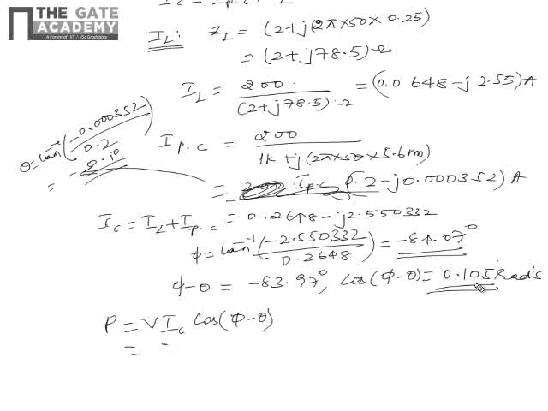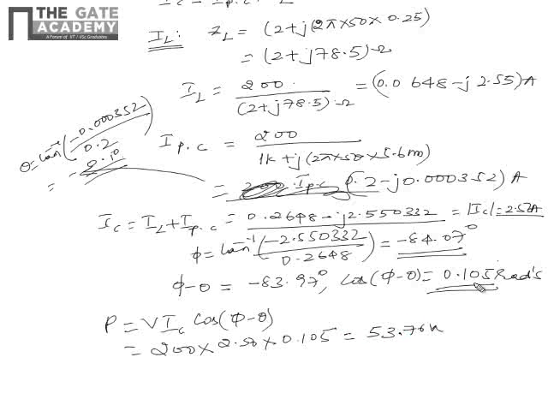If we substitute the values, 200 into the magnitude of IC, which is 2.56 amperes, into 0.105, on solving we get it as 53.76 watts. So the correct option, the key, is D. Thank you.